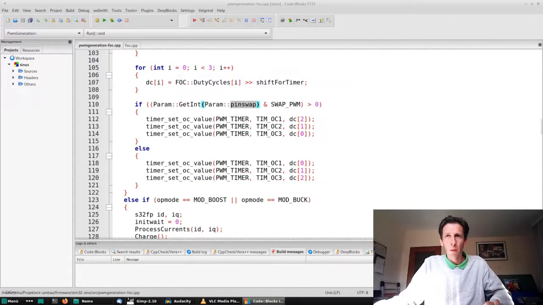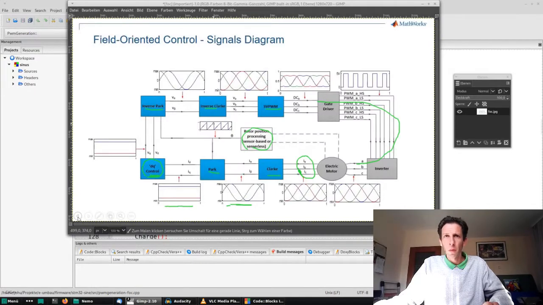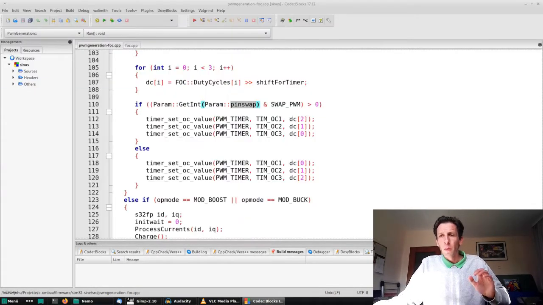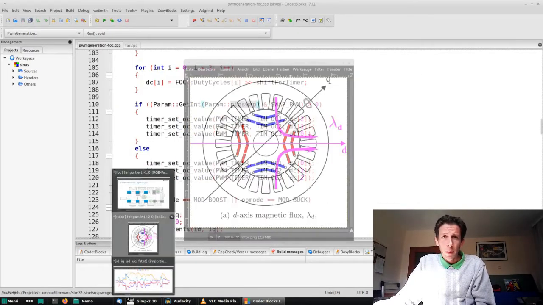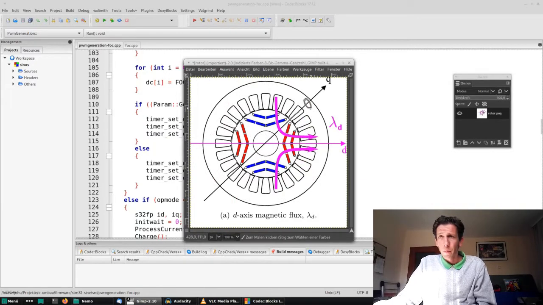Yeah, so this is the basic control structure of field-oriented control. And now let's look at one addition for interior permanent magnet motors. So, like I said, there is a magnetic torque that's generated by this axis, and there is reluctance torque that is generated by a magnetic field coming from this axis.